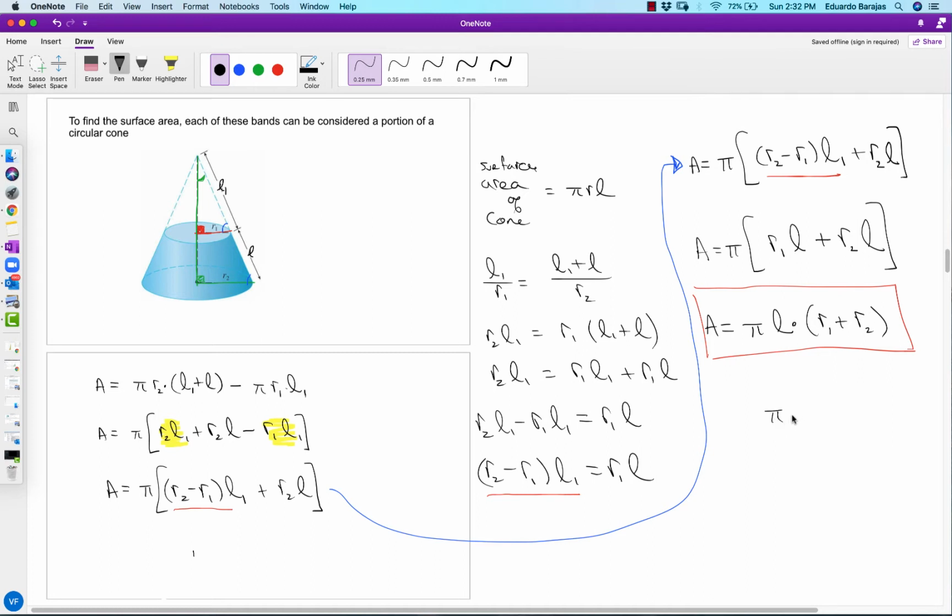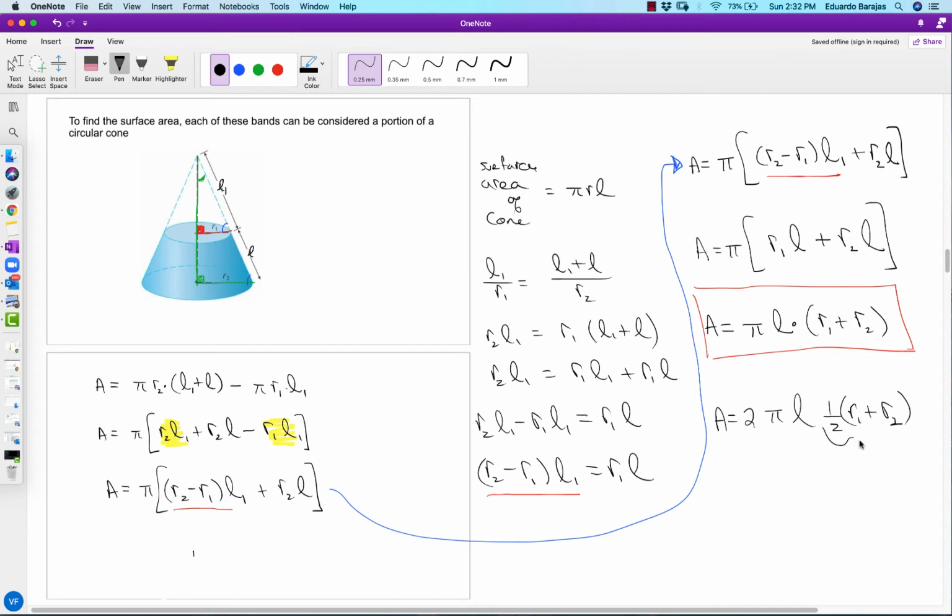If you take pi L and throw in a 1/2 R sub 1 plus R sub 2, like that, of course you can't just introduce a 2, so you're going to have to multiply it by 2, so that this 2 and this half cancel each other out.